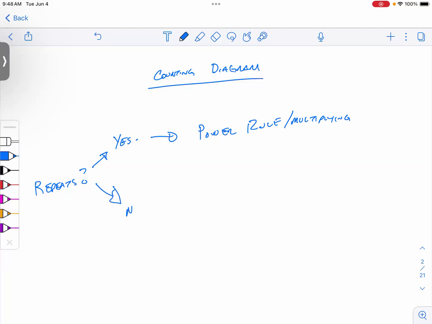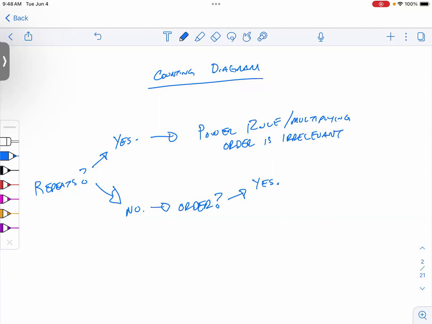If the answer is no, then we need to ask another question. Does order matter? So if there are no repeats, this is when we change. All right. And for the power rule / multiplying, just as a note, order is irrelevant. So then this becomes another question.